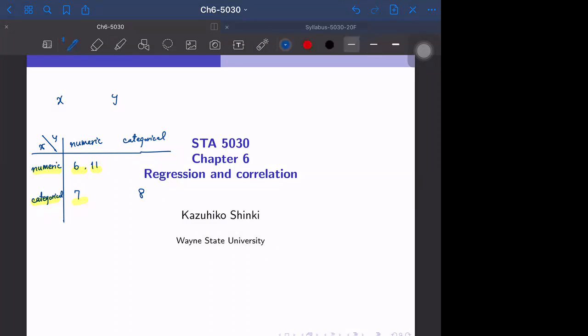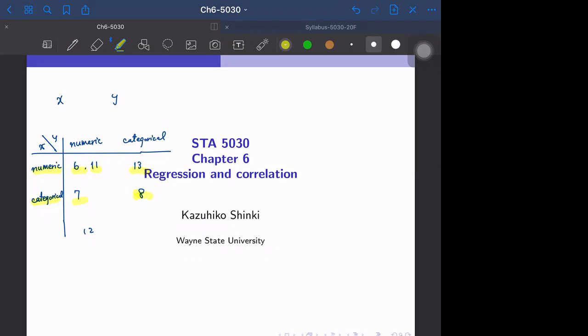So chapter 11 is a somewhat more complicated case with more examples. And in chapter 13, X is numeric and Y is actually binary. That is a special case of categorical. So chapter 6 is important because we start to discuss how to investigate the relationship between X and Y.